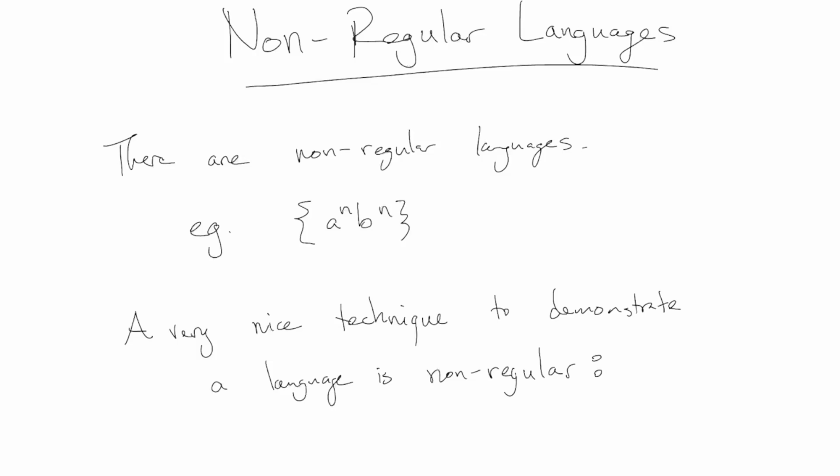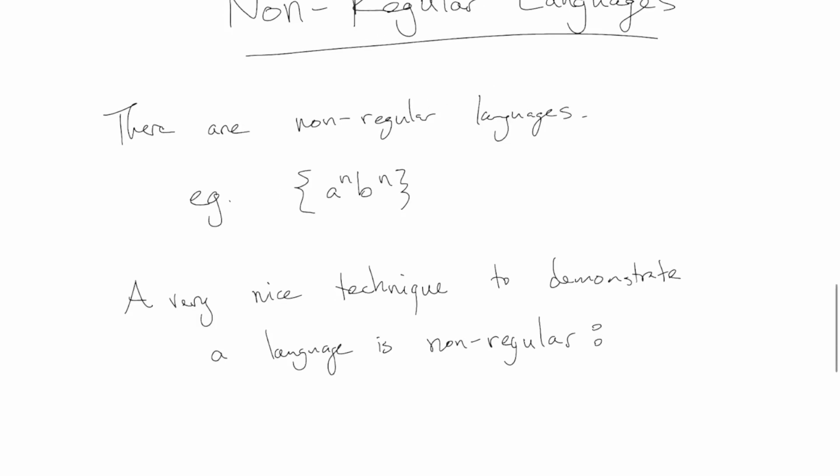Regular means it can be accepted by some DFA or NFA. If you want to tell me this language is not regular, you have to somehow convince me that no possible NFA accepts it, or no possible regular expression can generate it. You'd have to consider all possible regular expressions and then explain why they can't do this. That's super abstract, considering all possible regular expressions or all possible NFAs.